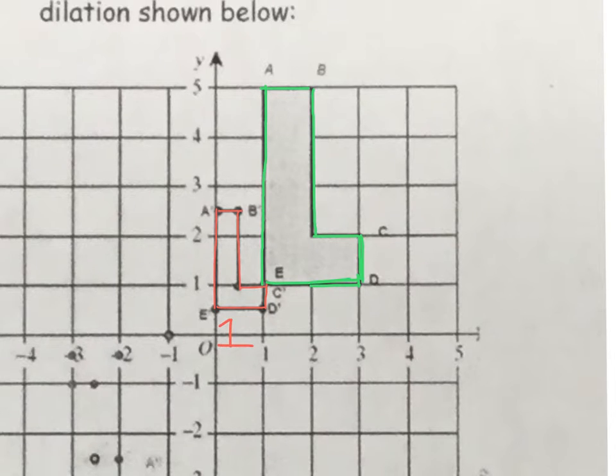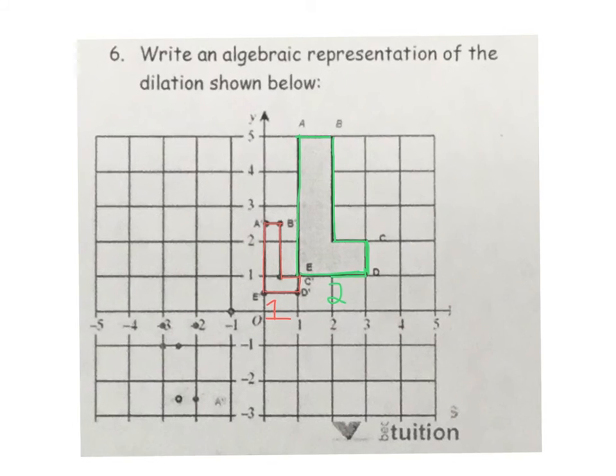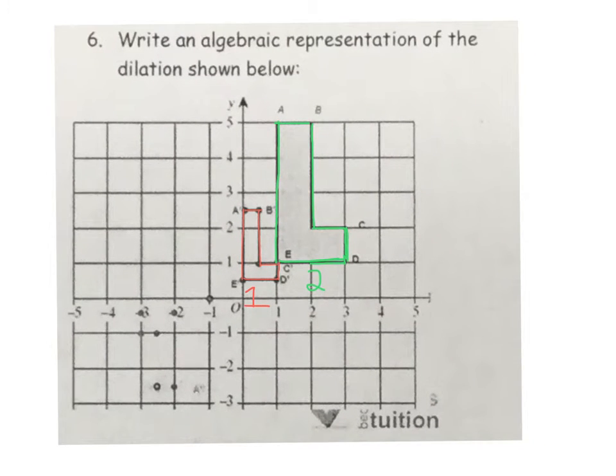And then for the bigger L that we have here, that's a measurement of 2. So what you're going to have to figure out is the algebraic representation, x comma y changes to whatever goes there. You need to find out if it's getting bigger or if it's getting smaller.